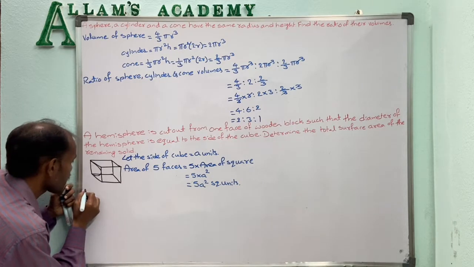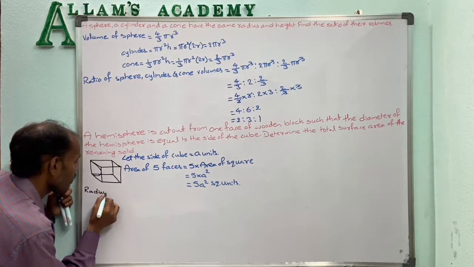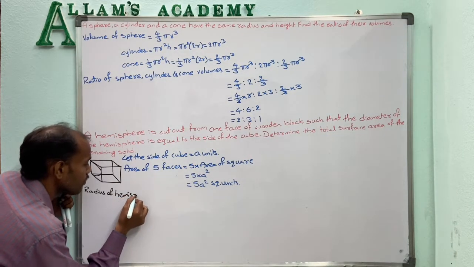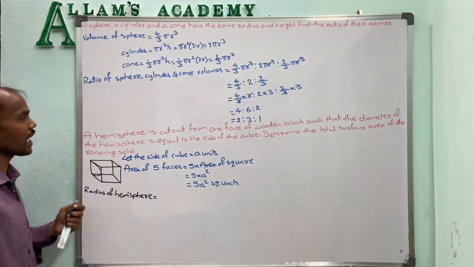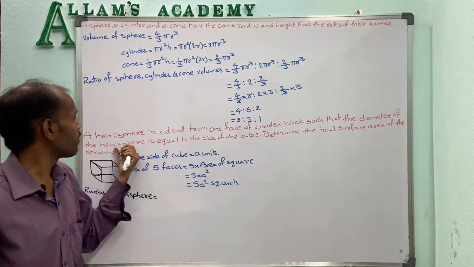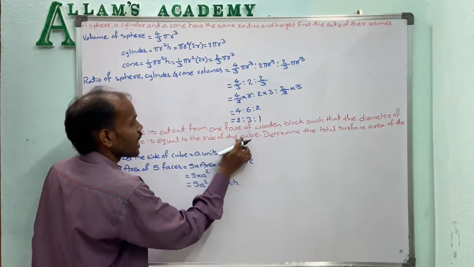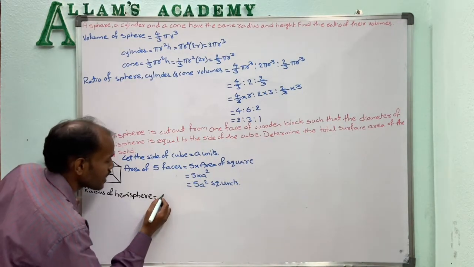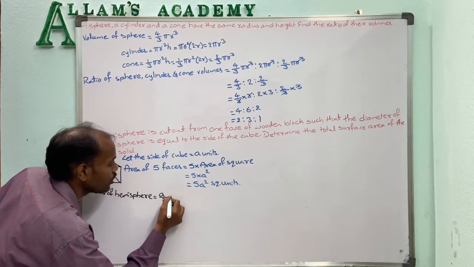So radius of the hemisphere: it is given that the hemisphere's diameter equals the side of the cube. So radius of the hemisphere is half of the side of the cube, that is a by 2 units.